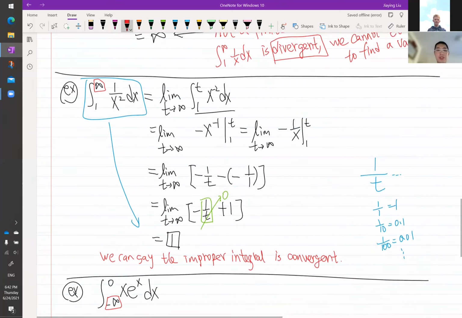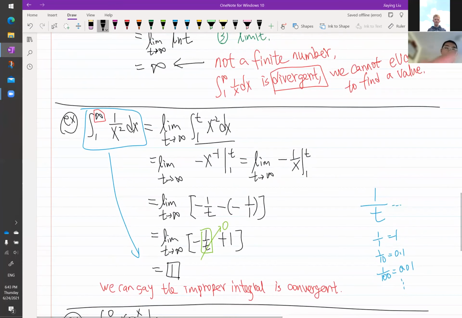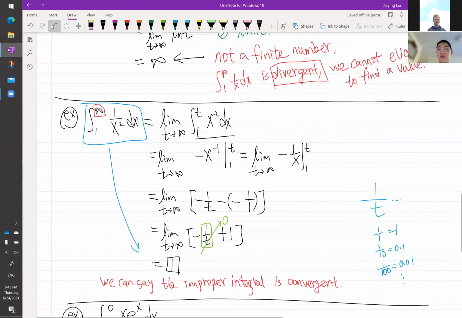Oh, by the way, sorry, before I move on, let me take a step back and look at a couple of things about the two examples we had earlier. They're so similar, right? One is 1 over x, the other one is 1 over x squared, and we evaluate from 1 to infinity for both cases.